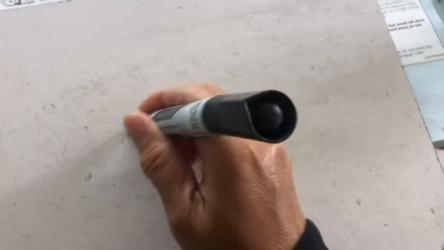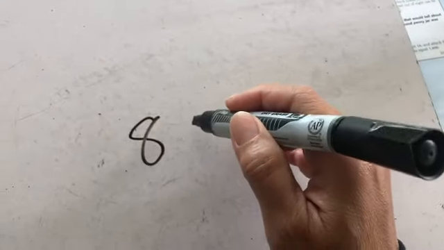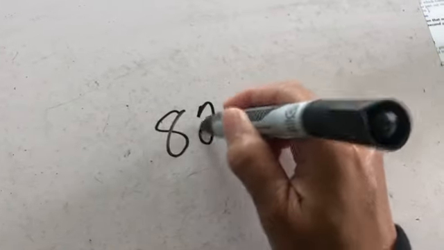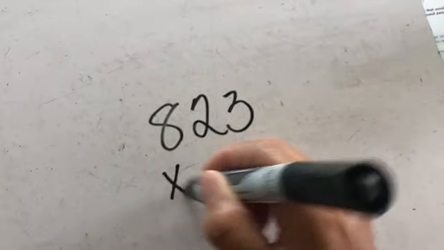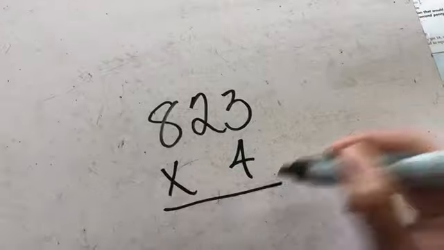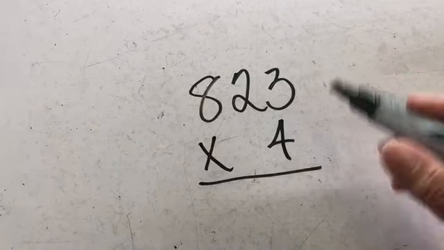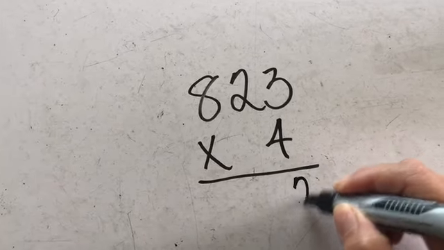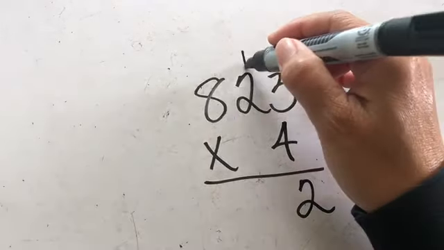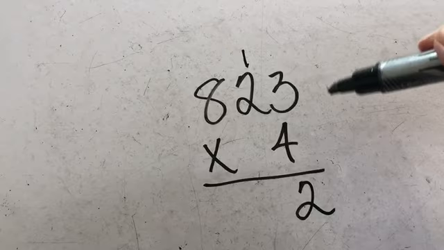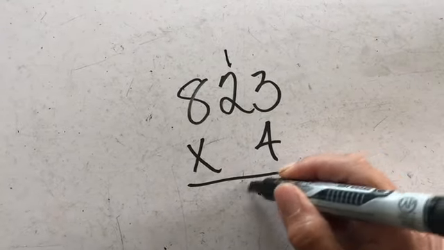Let's do a little bit of a bigger number, like 823 times 4. We start in the ones place. 3 times 4 is 12. 2 goes down, the 1 goes up. 4 times 2 is 8, plus 1 is 9.